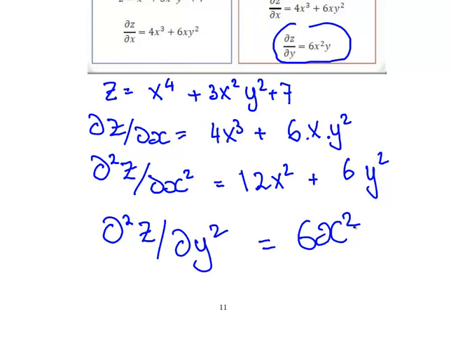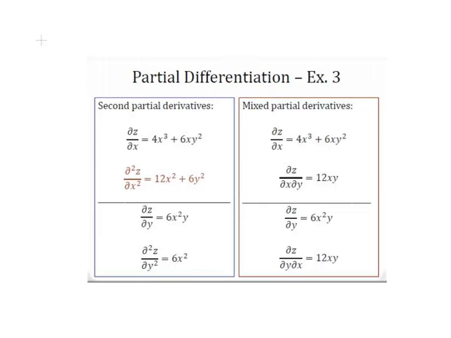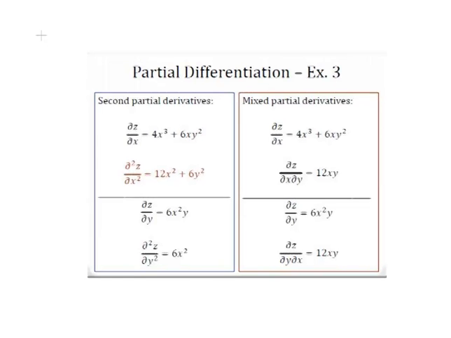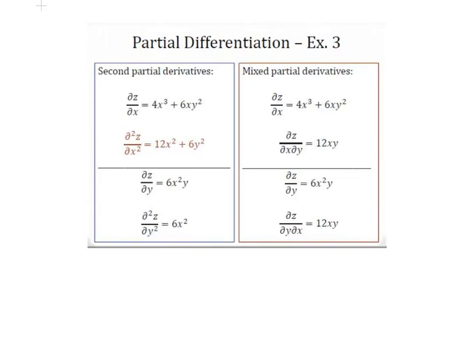Now all we have to do is get the mixed partial. And here's a little exercise that demonstrates that no matter which way you go at it, you should get the same answer.